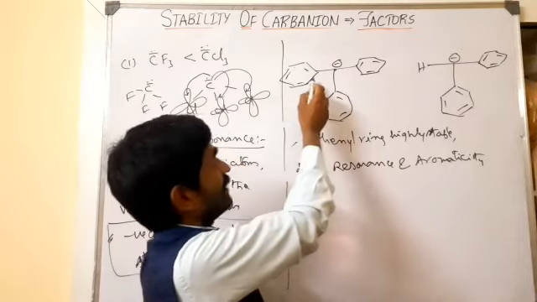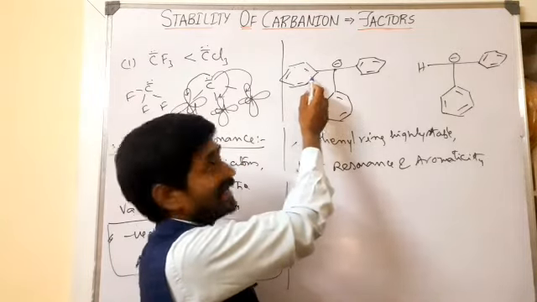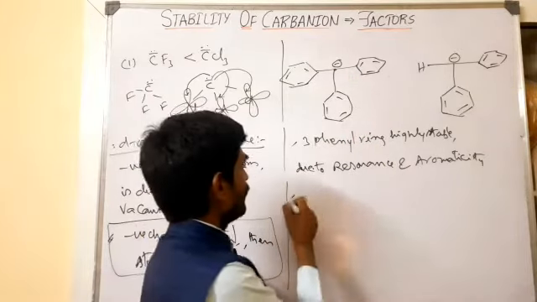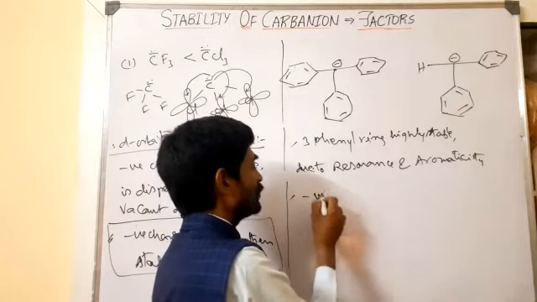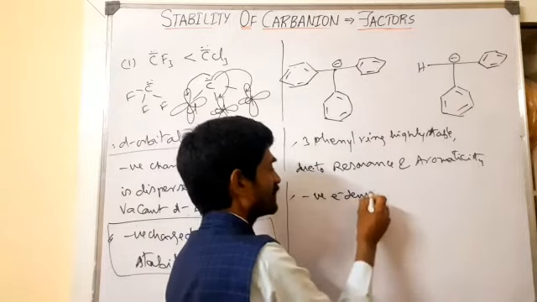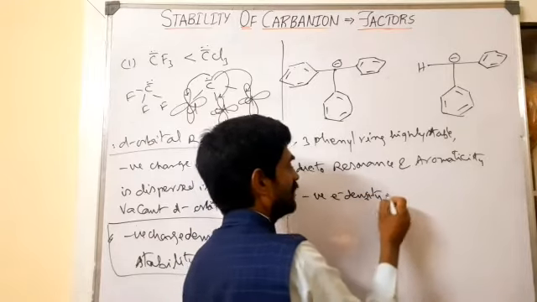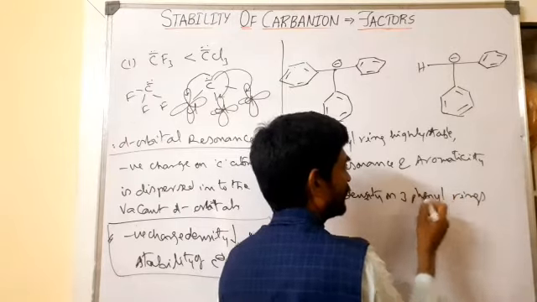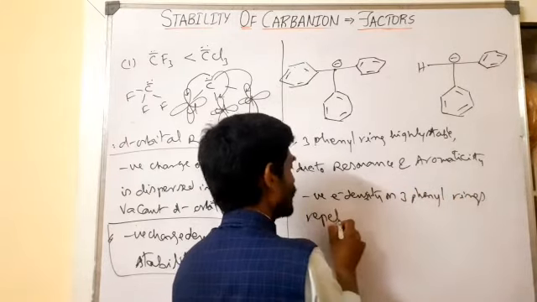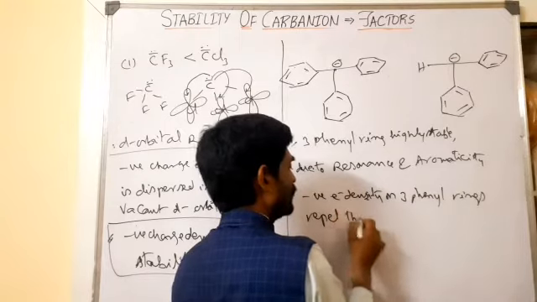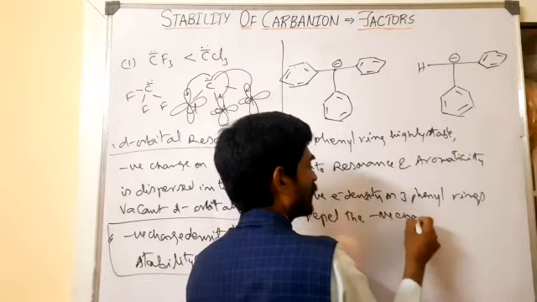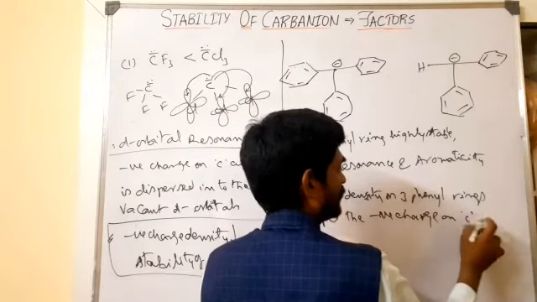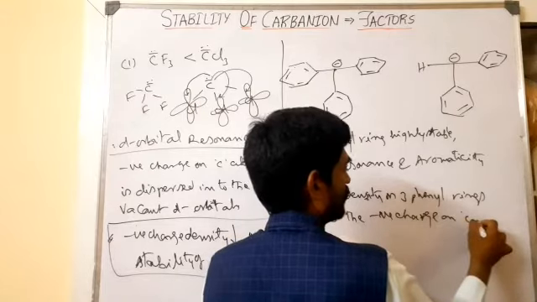So the electron density is concentrated more here, okay, and that will repulse the negative charge on the carbon atom, right. The high negative electron density on the three phenyl rings repels the negative charge on the carbanion, okay.